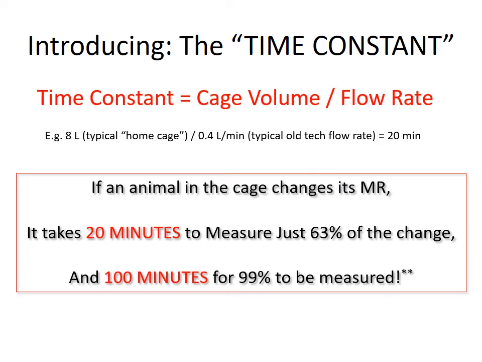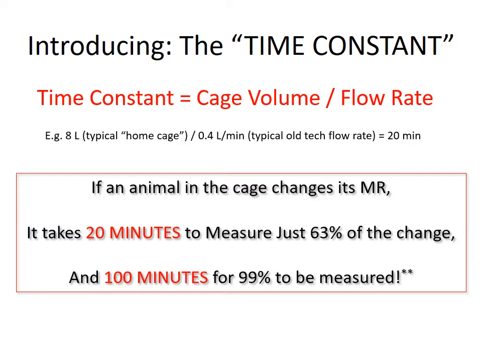So, as a side effect of this, if the animal in the cage changes its metabolic rate suddenly, it will take 20 minutes for the instruments connected to the cage to measure just 63% of the change, by which time, of course, the mouse is doing something completely different, and 100 minutes for 99% of that change to be measured, by which time the mouse has been doing dozens of different things.